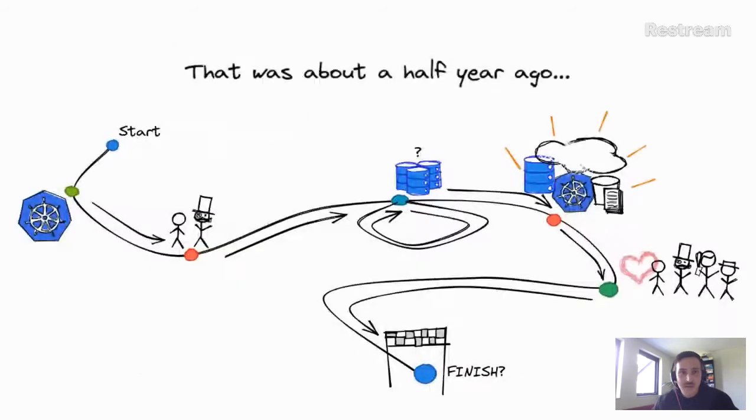But that was about half a year ago. So we went on this journey together, from solving a simple ingestion use case into building a platform based on principles, growing a team, doing lots of iterations as well, taking steps back, re-evaluating, re-implementing or refactoring solutions, and just scaling out.